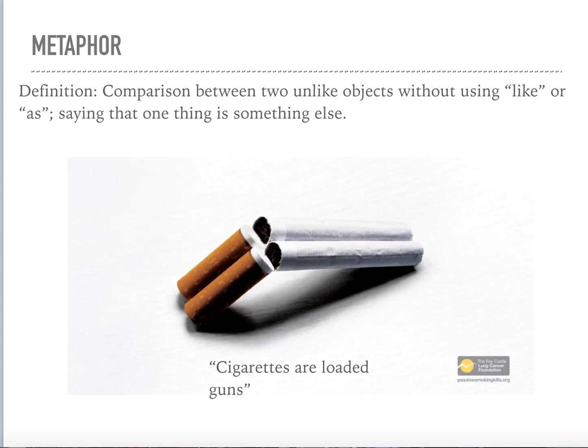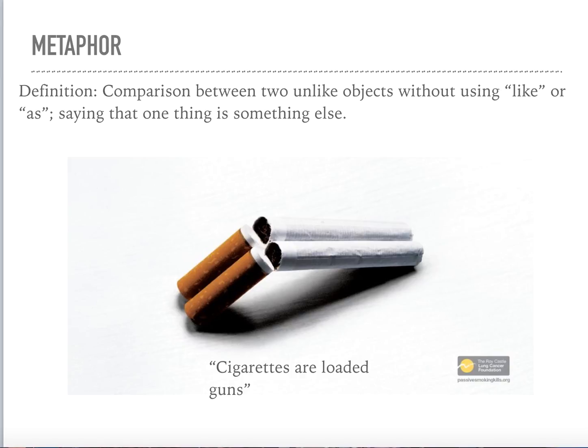What it's trying to say is that cigarettes are killers. They can kill someone. They're locked and loaded, ready to go. And as we know from scientific research, cigarettes kill people. They cause cancer. They can cause emphysema, skin cancer, etc. So by using the metaphor, by metaphorizing cigarettes as loaded guns, we're looking for an underlying message, and the underlying message of the metaphor is that cigarettes can kill.